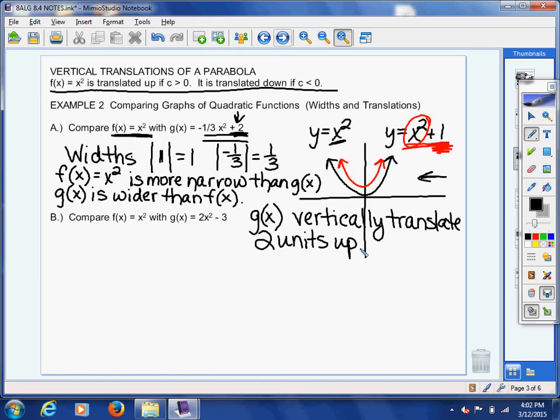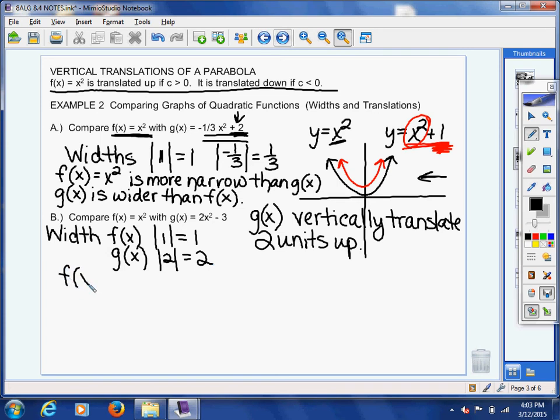So let's take a look at letter B, and let's start with the width. Here's f of x, and it's got a 1, the absolute value of 1 is 1, and g of x is the absolute value of 2, which is 2. So it doesn't matter how you word it. You can say f of x is wider than g of x, or g of x is more narrow than f of x.